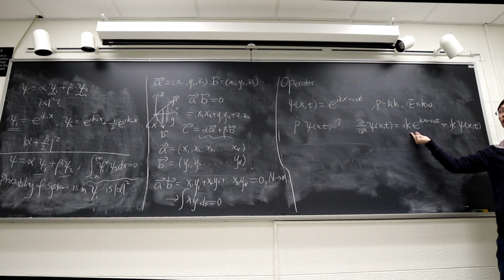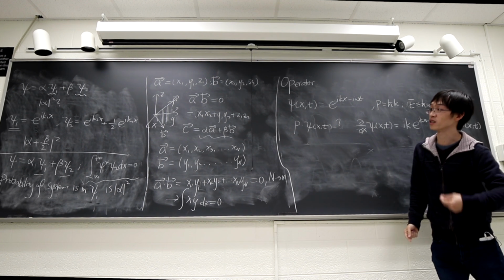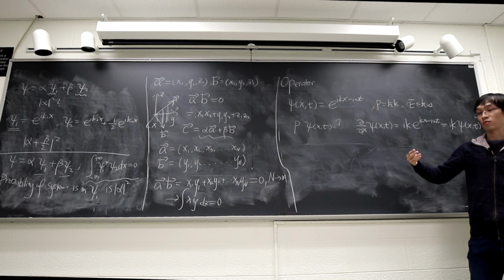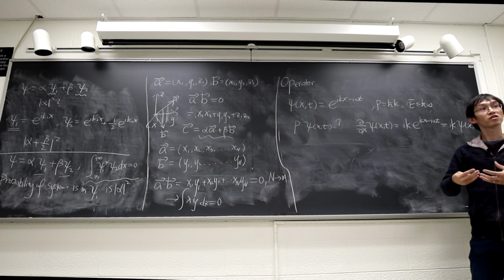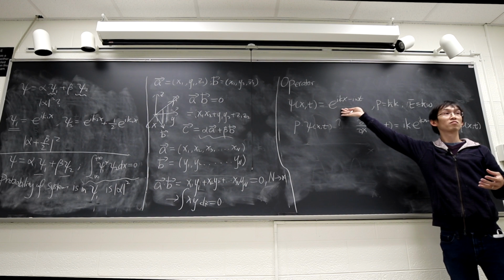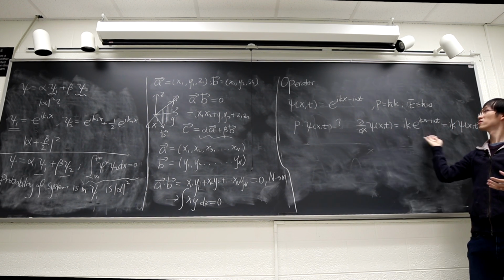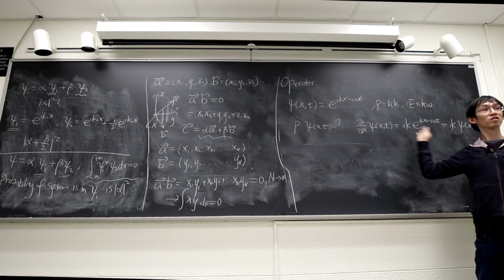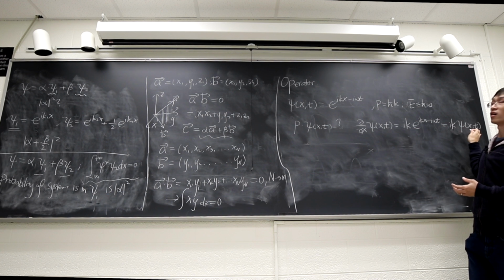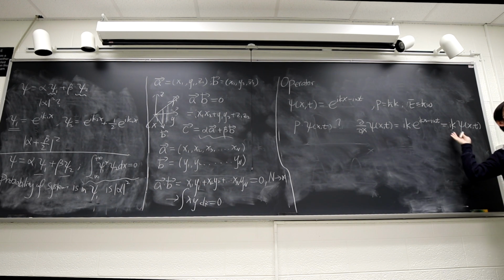And because we know that any wave can be built as a linear superposition of many, many plane waves, you know that this must work for a general wave function. You just add many, many other plane waves following this.